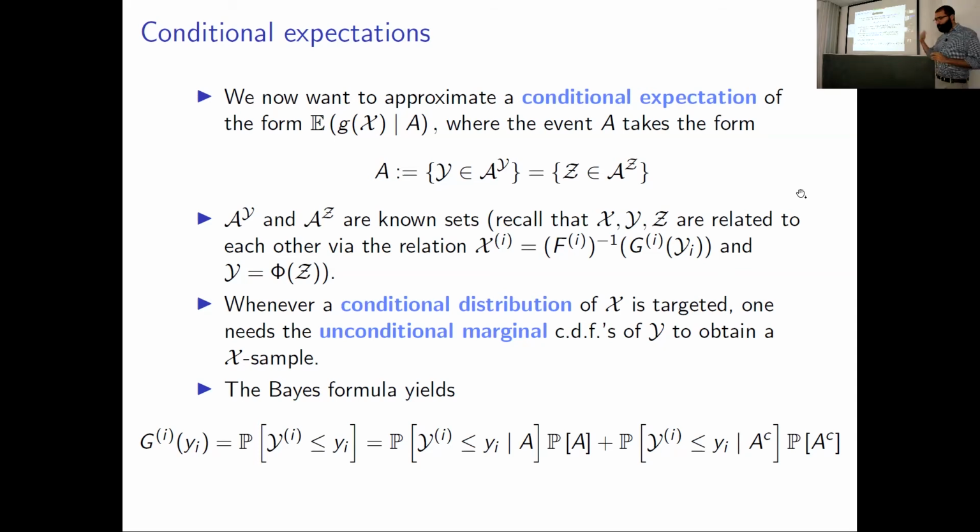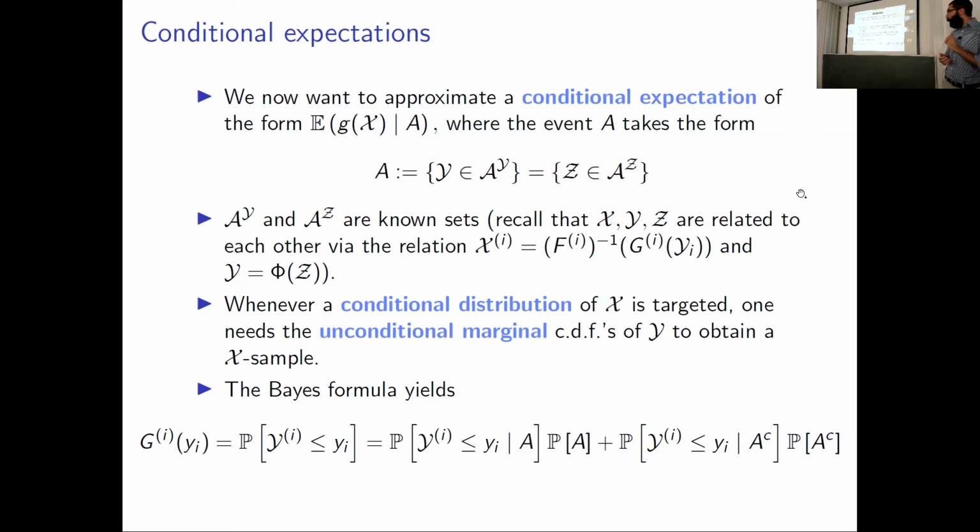So let's say that our event A is an event that depends on X, my vector X, but I can also work out this event A as a function of the random variable Y or as a function of the random variable Z. So AY and AZ, I'll say that these are sets that I know exactly, which may be harder for some of the examples I showed. But in the expected shortfall, this works out nicely.